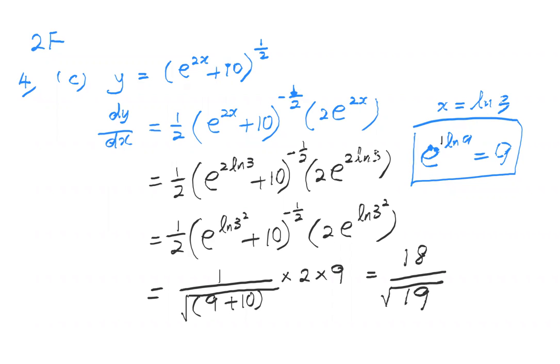Am I right? So you see, straight away, when we talk about formula, we recall. Oh, there's a half there too. So this will be 9 root 19 over 19, correct?